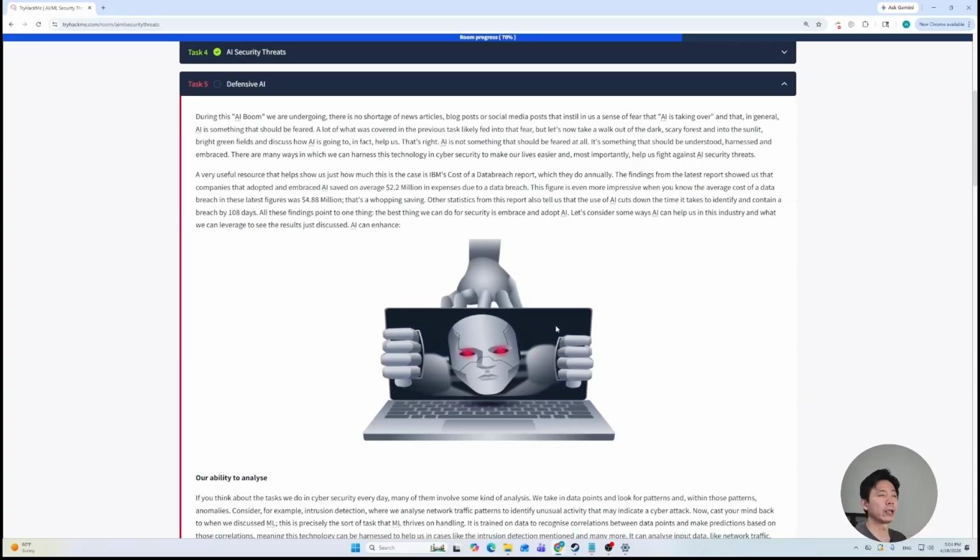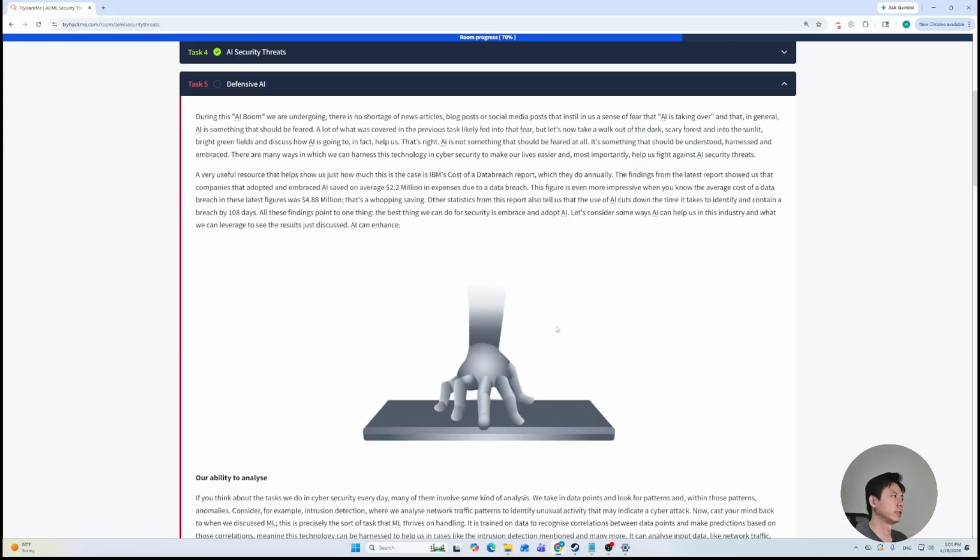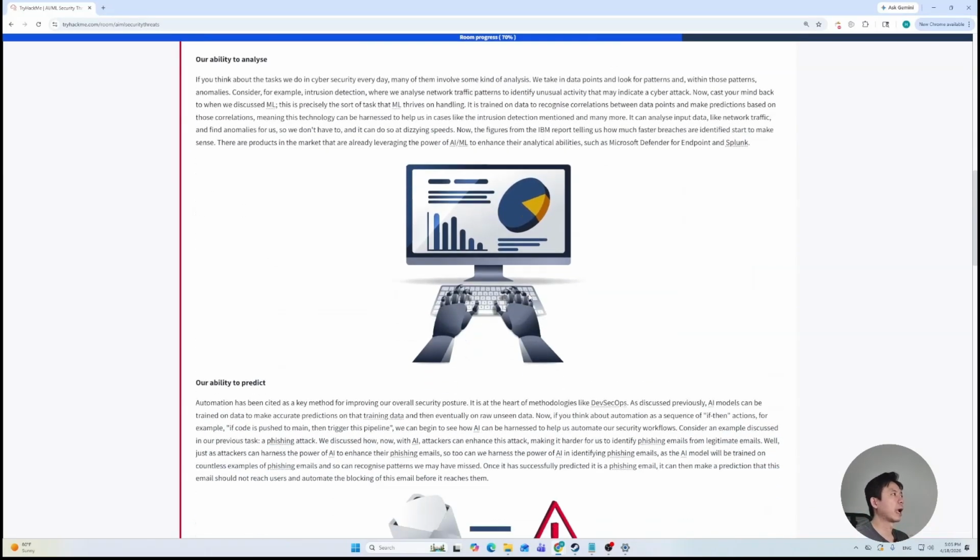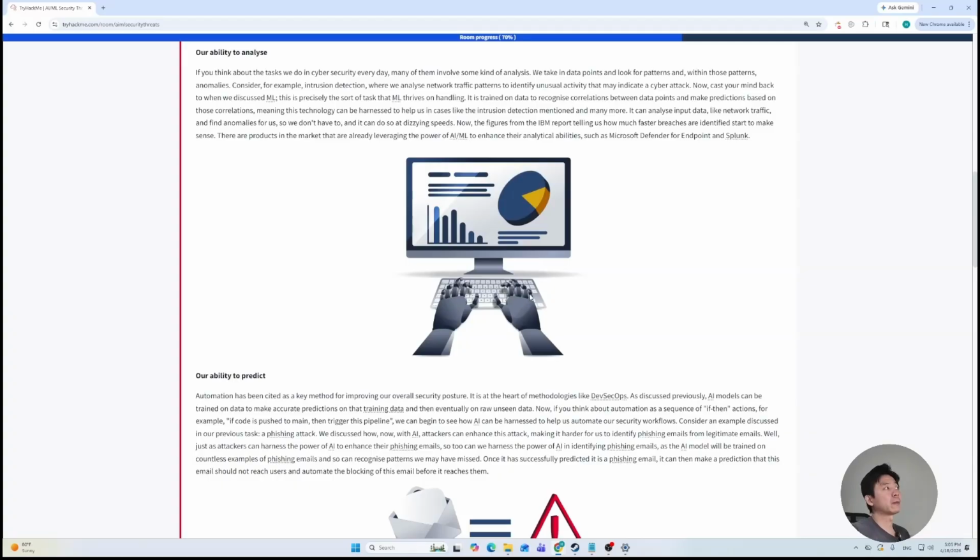So let's consider some ways AI can help us in this industry. Our ability to analyze. If you think about the tasks we do in cybersecurity every day, many of them involve some kind of analysis. We check data points and look for patterns, and within those patterns are anomalies. Consider, for example, intrusion detection, where we analyze network traffic patterns to identify unusual activity that may indicate a cyber attack. Now, cast your mind back to when we discussed LLMs.